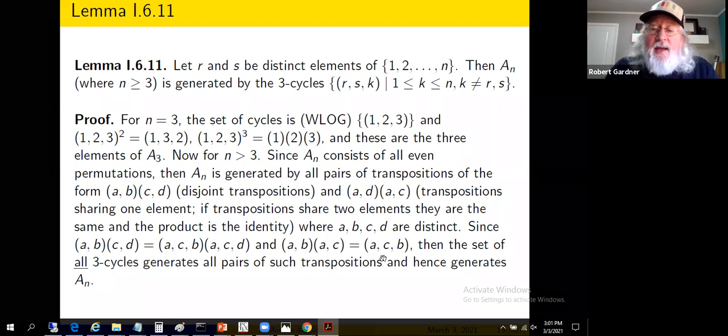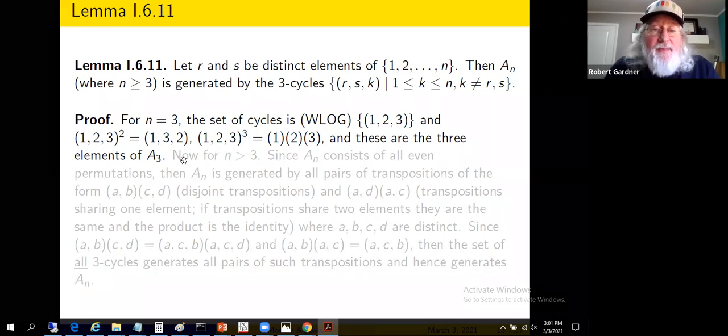B is mapped to A as required, and C is mapped to A and then to B. So C is mapped to B as required. So yeah, returning back up here, this 3 cycle, that's even. 3 cycles are even because of this observation here. So both of these 3 cycles are even. So that additional observation takes care of the case when n equals 3.